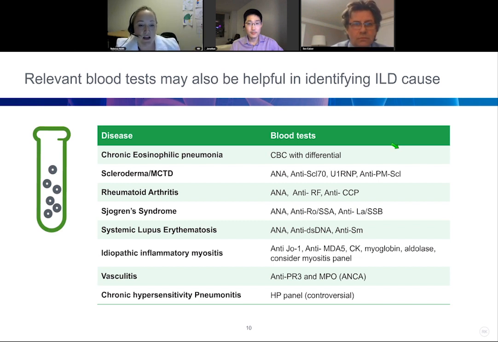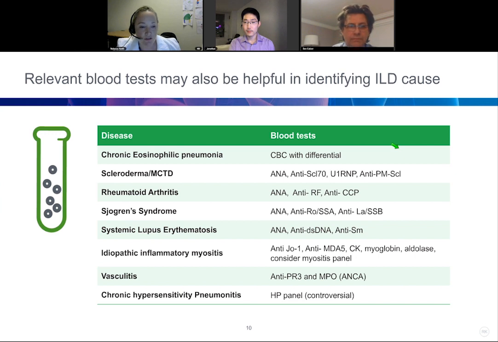And then we also spend time doing laboratory studies. The main laboratory studies we're looking for, again, are the most common things: rheumatoid arthritis, systemic sclerosis with a scleroderma panel, and also our myositis-associated lung diseases. And in general, I don't just send a Jo-1. I tend to send a full myositis panel if I suspect that a myositis is present.